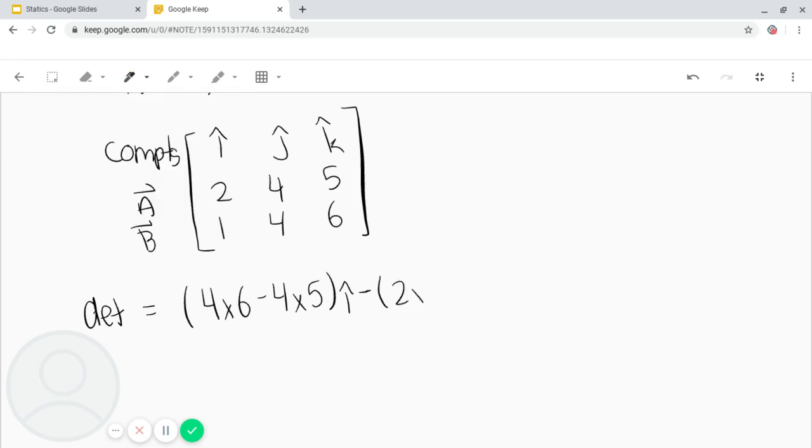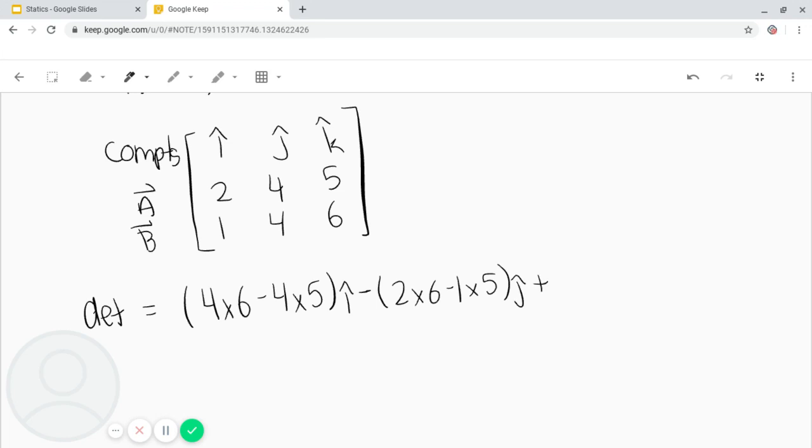So 2 times 6 minus 1 times 5, J. And just remember this minus here. This is the only one that has the minus. The J term always has a minus. That kind of goes into linear algebra a bit, but just take it as fact for now, I suppose, because you won't really be needing to solve any bigger matrices in this course.